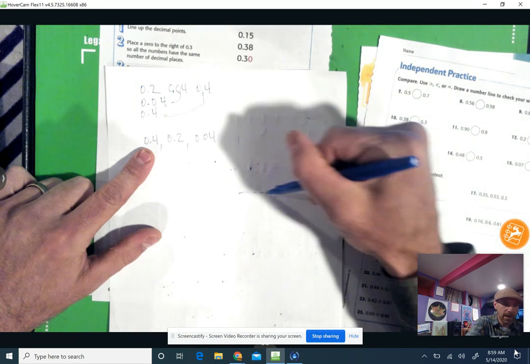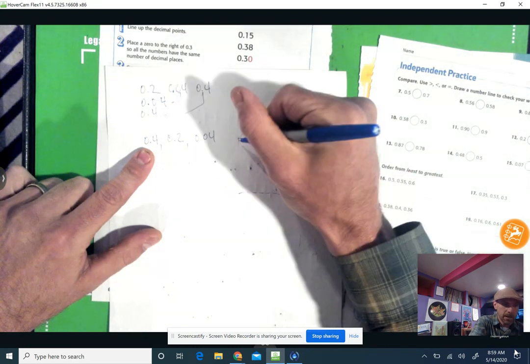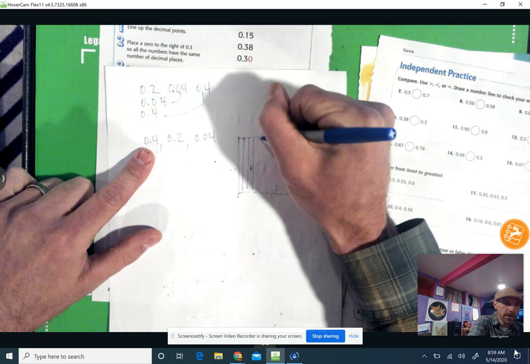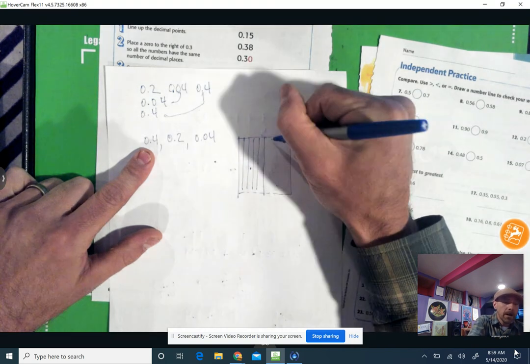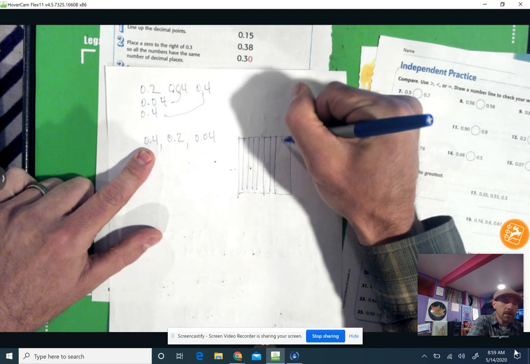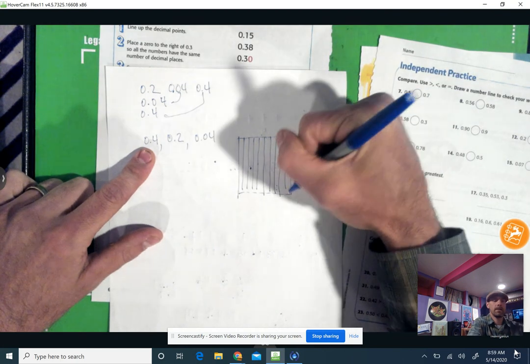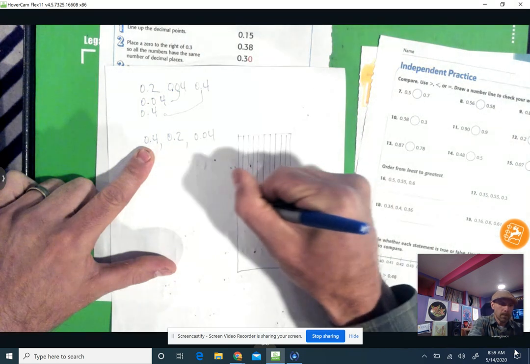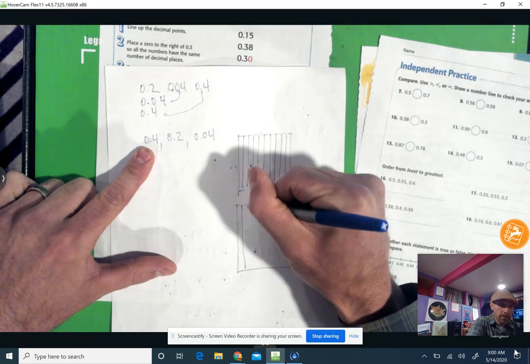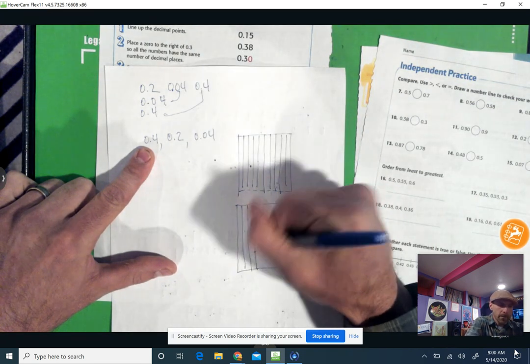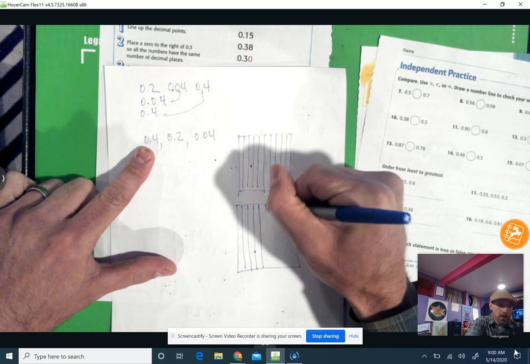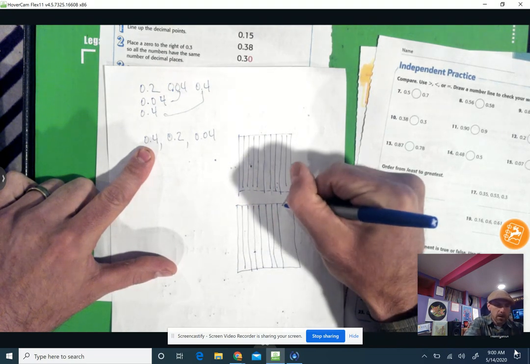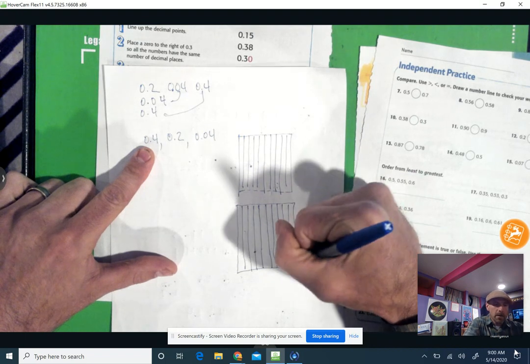And I'm going to do that by drawing these squares. 1, 2, 3, 4, 5, 6, 7, 8, and 9. And I'll draw another one. 1, 2, 3, 4, 5, 6, 7, 8, and 9.